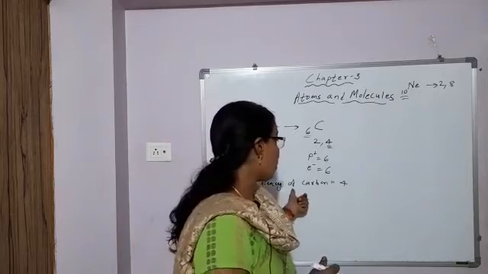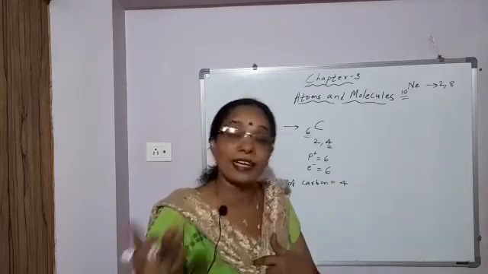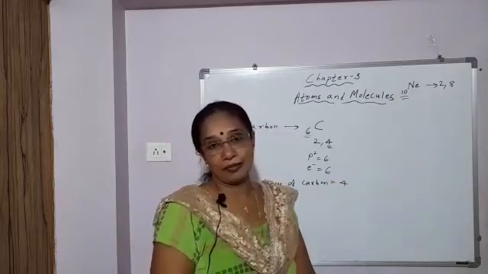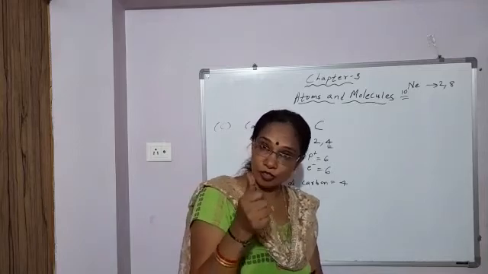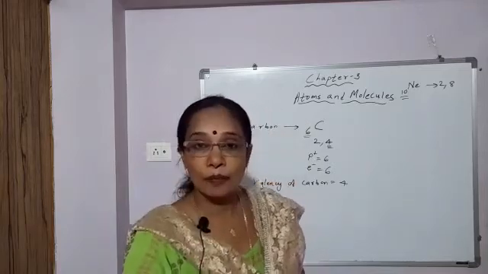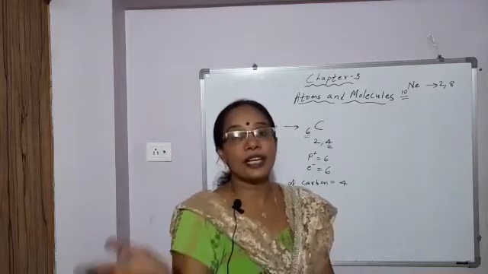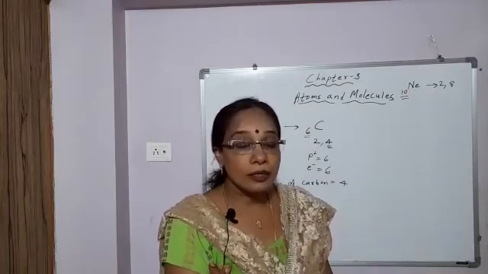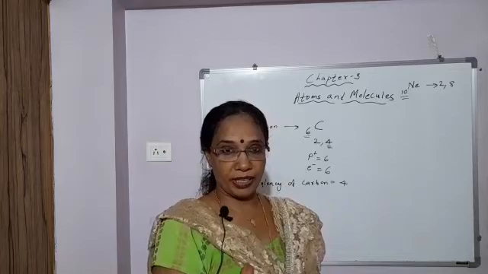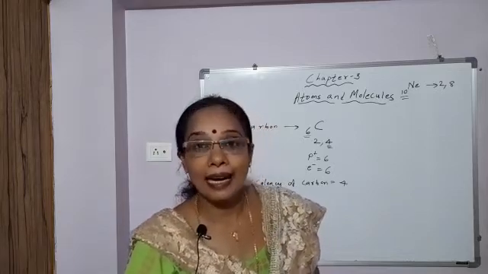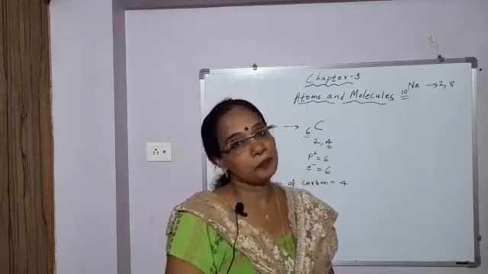So what is the valency of carbon? 4, because it is sharing 4 electrons. So what is valency? Valency is the number of electrons an atom loses, gains or shares to attain the electronic configuration of its nearest noble gas. That is valency.